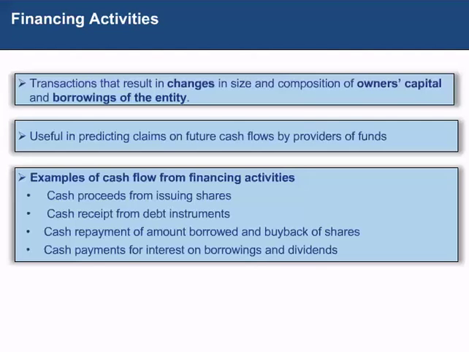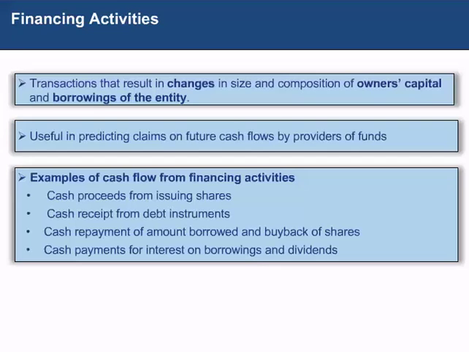So financing activities help one to understand how the cash flows have been financed, and on the back of it, what interest payments or similarly dividend payments are required to be made to the providers of funds, and accordingly one can estimate what are the sources of cash, and accordingly what are the uses of cash.